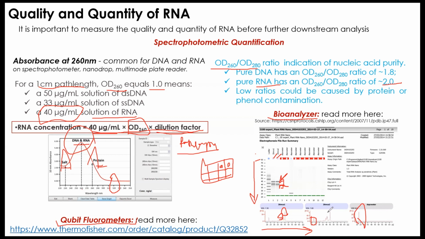This level should be double this level, then it is considered good quality or high integrity of RNA, right? Two distinct peaks like this are considered a very good quality and quantity of the RNA.